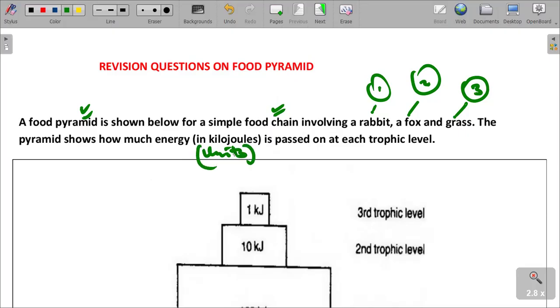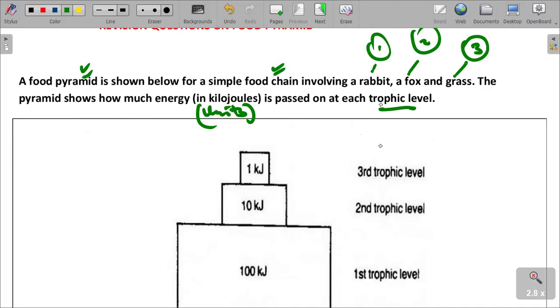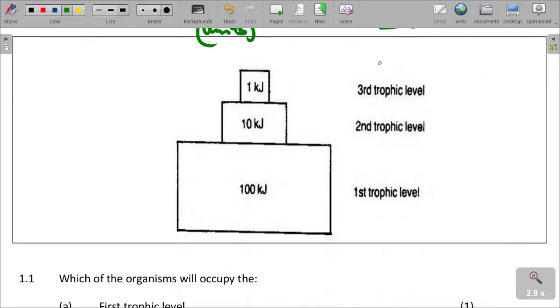We all know that energy is measured in kilojoules and is passed at each trophic level. We are talking about each level which is represented on the pyramid. So we have trophic level one, two, and three, three trophic levels in this case.